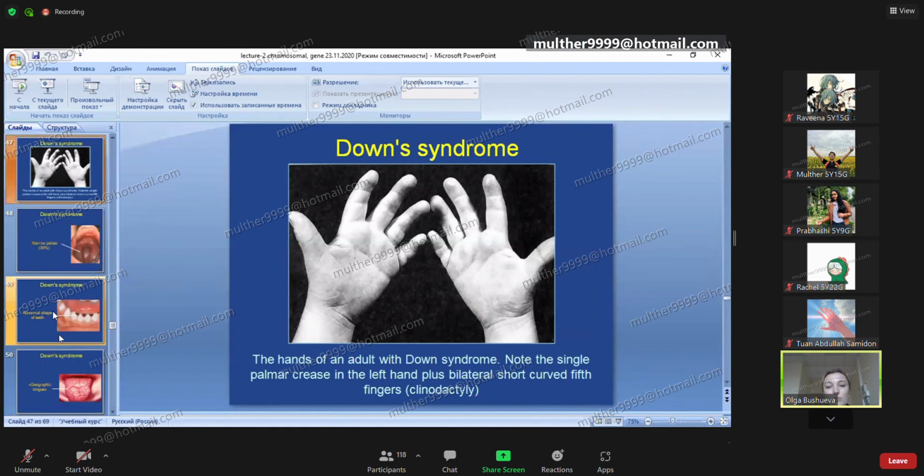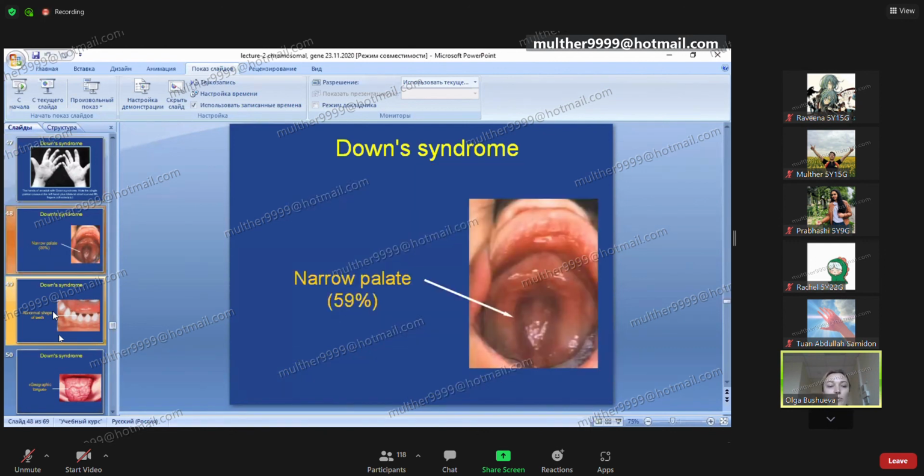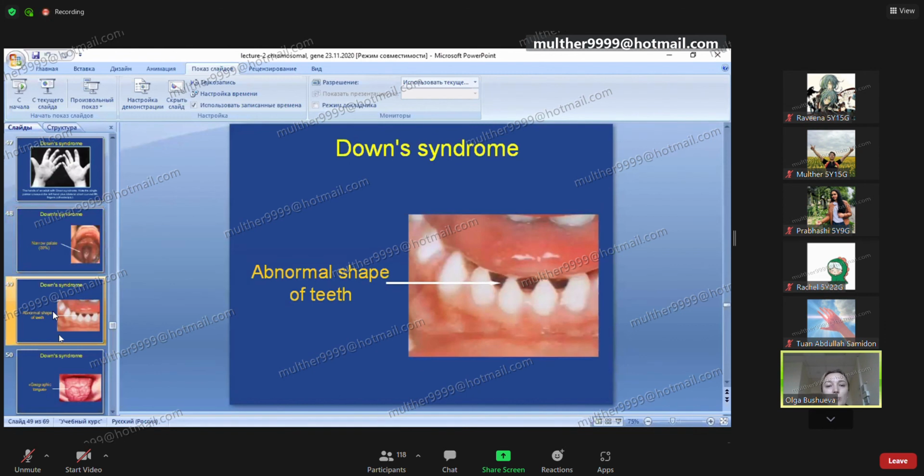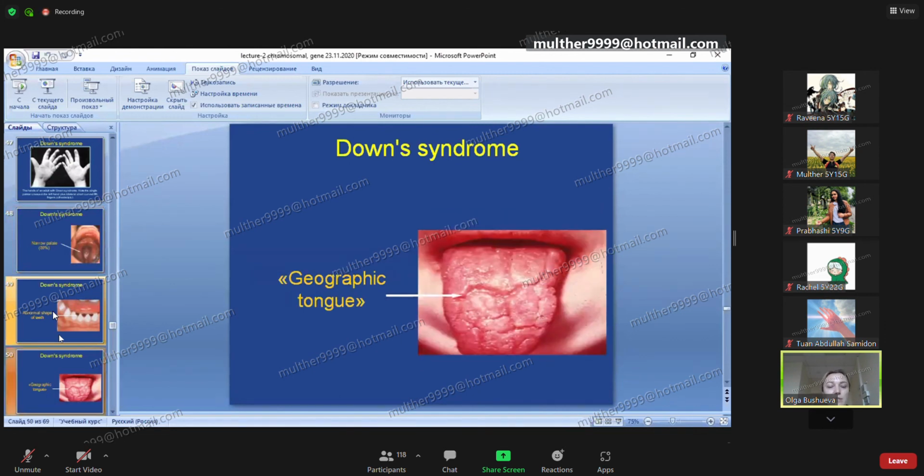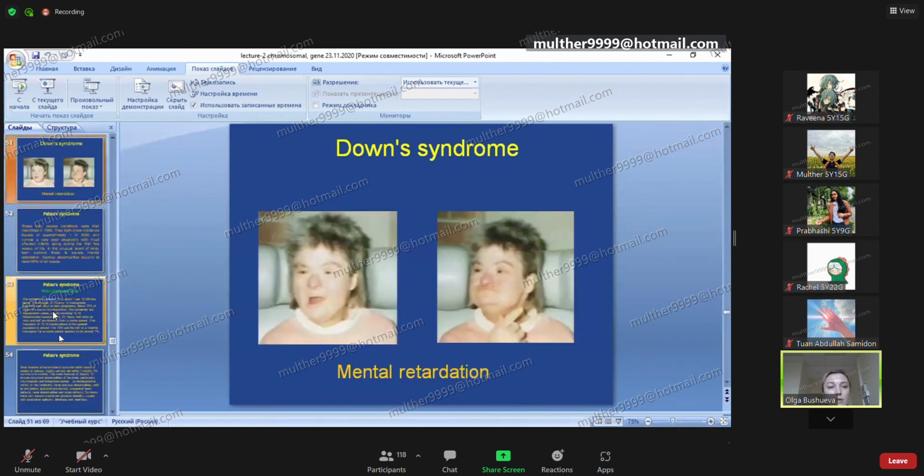The hands of the adults with Down syndrome. Note the single palmar crease in the left hand plus bilateral short curved fingers, narrow palate, abnormal shape of teeth, geographic tongue, mental retardation.